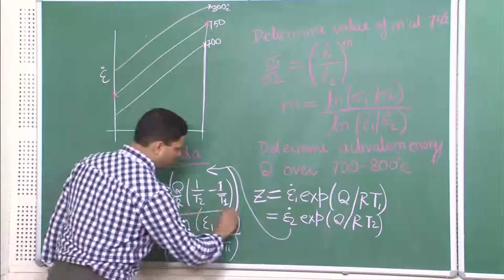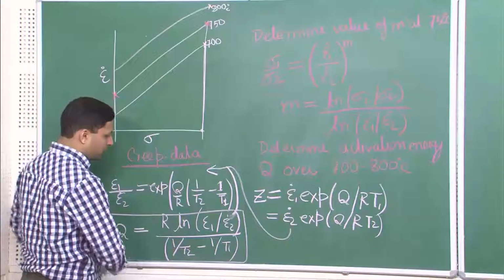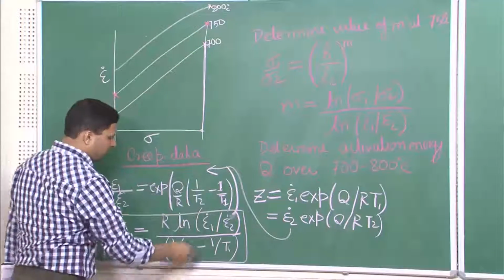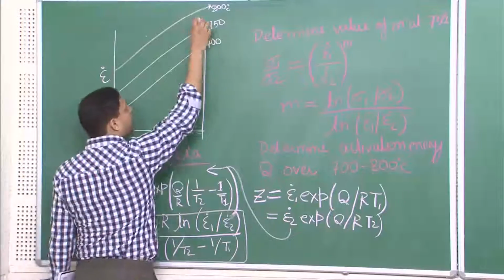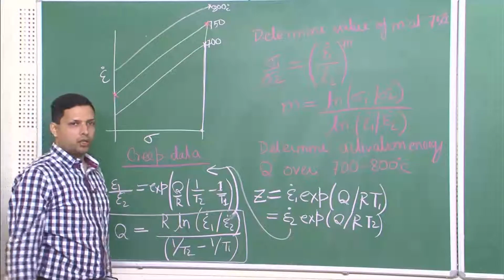So, you see all the values that you need to calculate Q are already over there. Like I said, we have strain rate 1, strain rate 2 for these two different points, and T2 and T1, so 700 and 800, and R is a universal constant. So, you will be able to get the Q value.